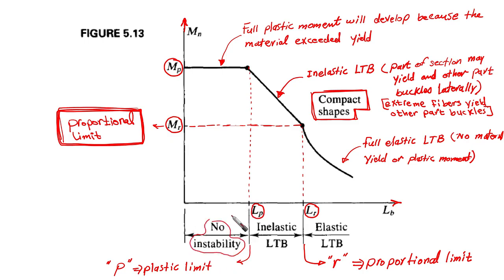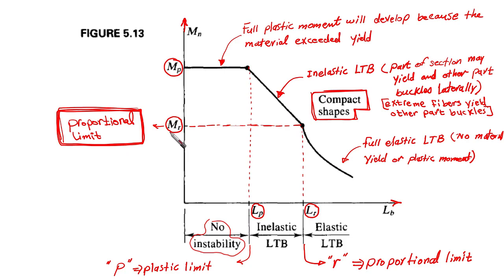If the cross section is here, this means that its nominal moment strength is going to be Mp, the plastic moment, which is going to be higher than My, the yield moment. We're not talking about My now. Commonly, whenever you're talking about flexural members, you're not going to find My. My is in between actually, but it doesn't matter now.